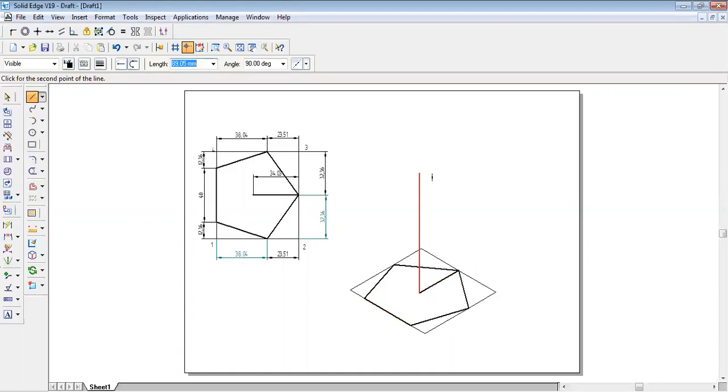Now if I want to construct this as a pentagonal pyramid, then what I have to do? The pentagonal pyramid is having a 60 mm height, a vertical line at a height of 60. Okay. Now this one I have to join to all the corners. This is another corner.